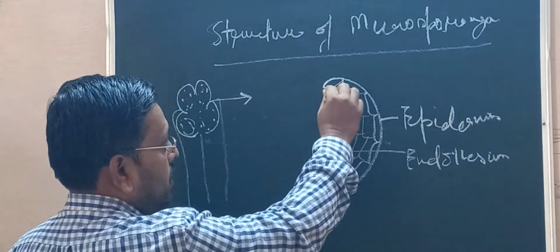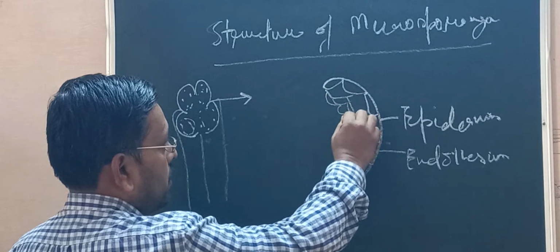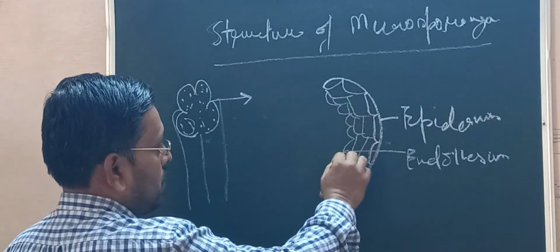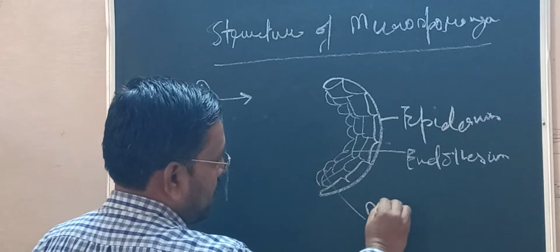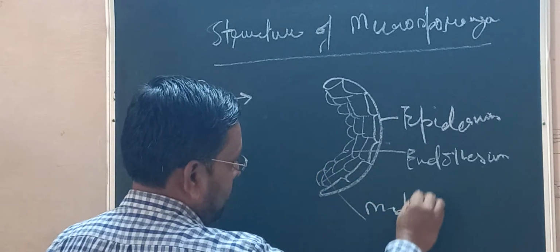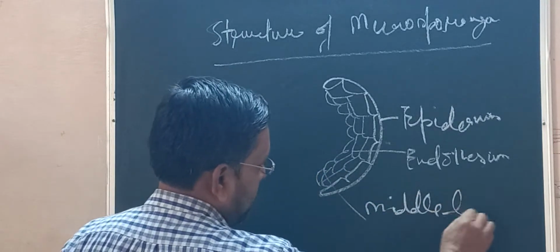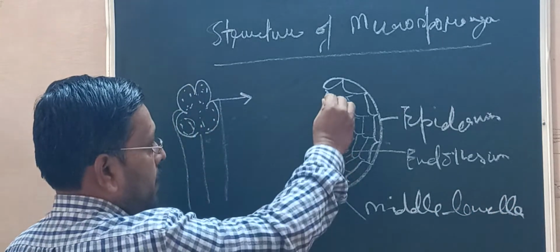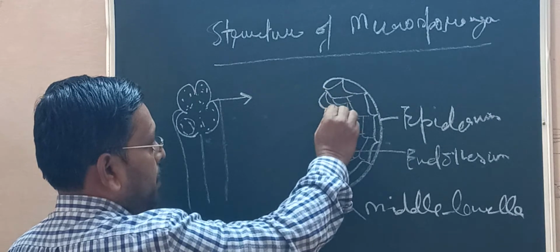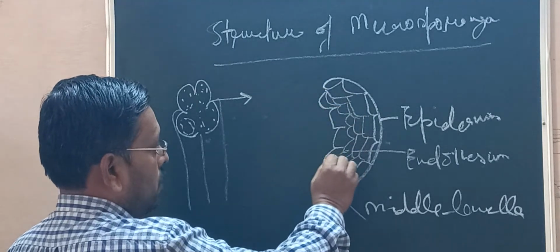Then there are the cells called middle layer, and then the tapetal wall layer.